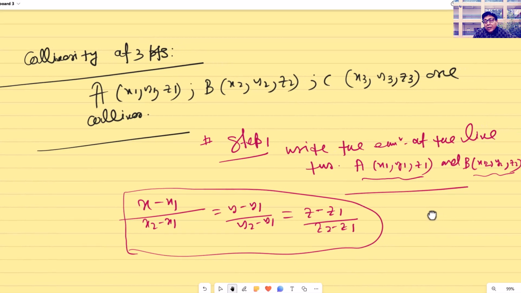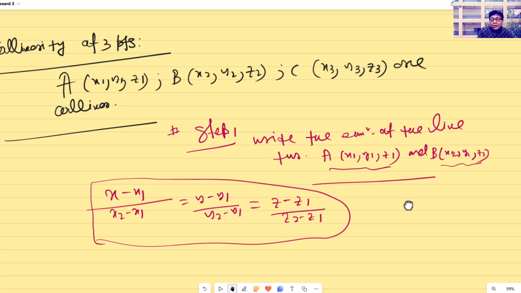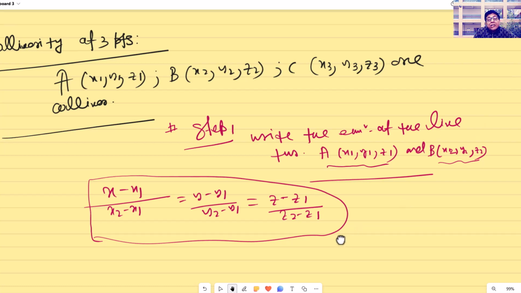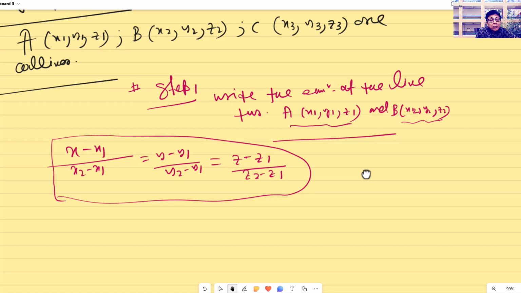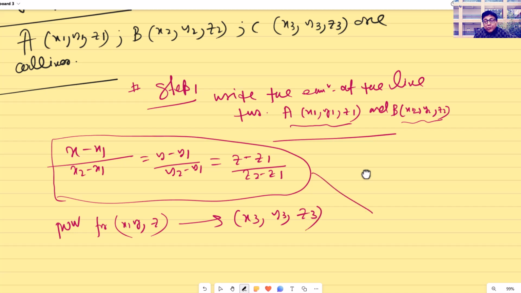In 3D what you have done? In 2D what you have done? Just put the third point. If the equation through first 2 given points is satisfied by it, then it is done. If it is not, then they won't be collinear. So here you just need to put C over there. Now for x, y, z, when replaced by x3, y3, z3, what condition do I get?